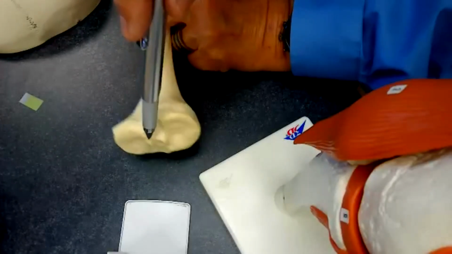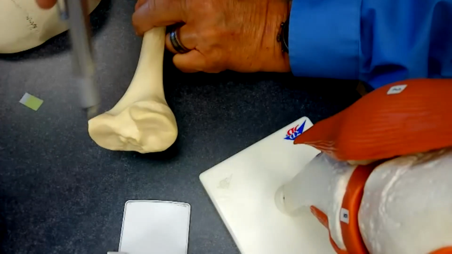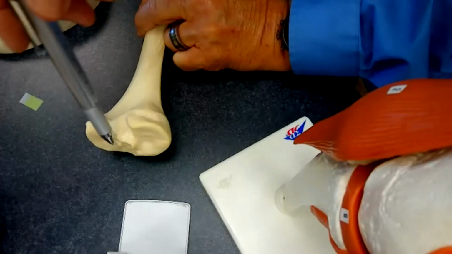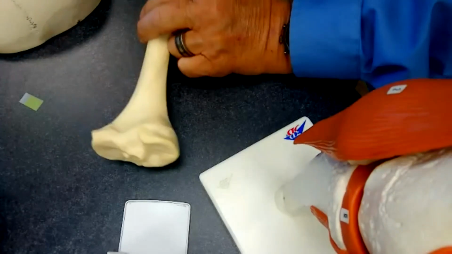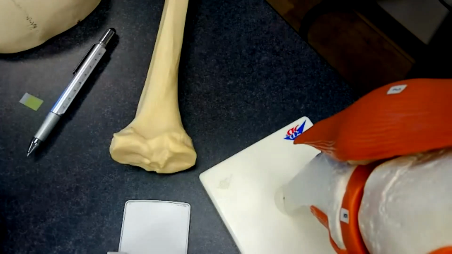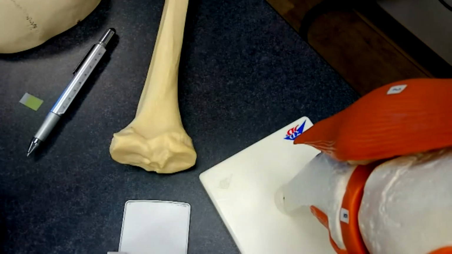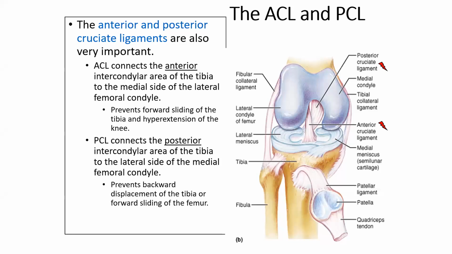These are the condyles of the tibia, and the groove is right in here. And that's where the front of the ACL is. It connects there, and it also connects to the posterior surface of the lateral condyle of the femur. That's it, the way it was written there.